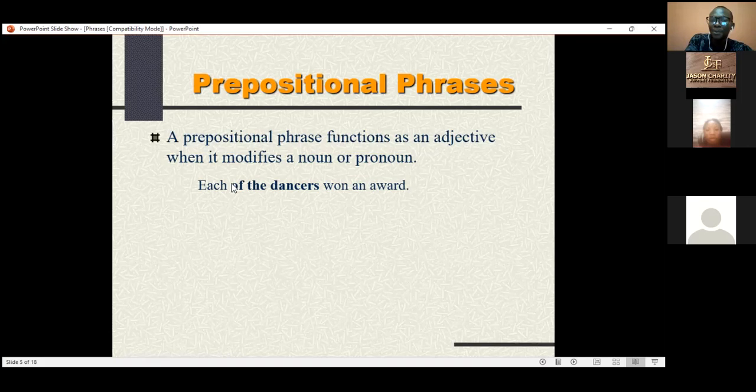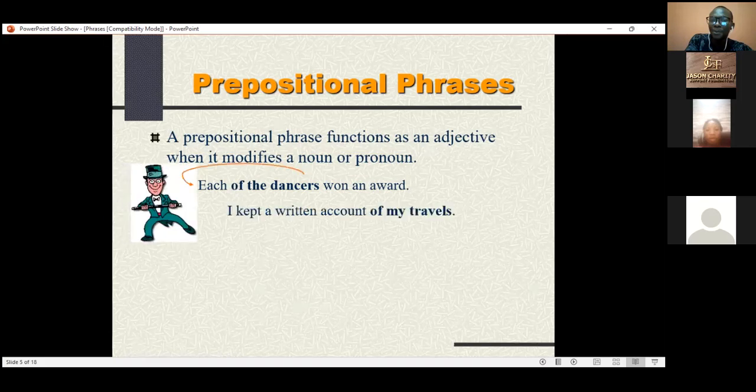So now you can take all of this prepositional phrase. But this prepositional phrase here is acting as an adjective, telling us more about "each."